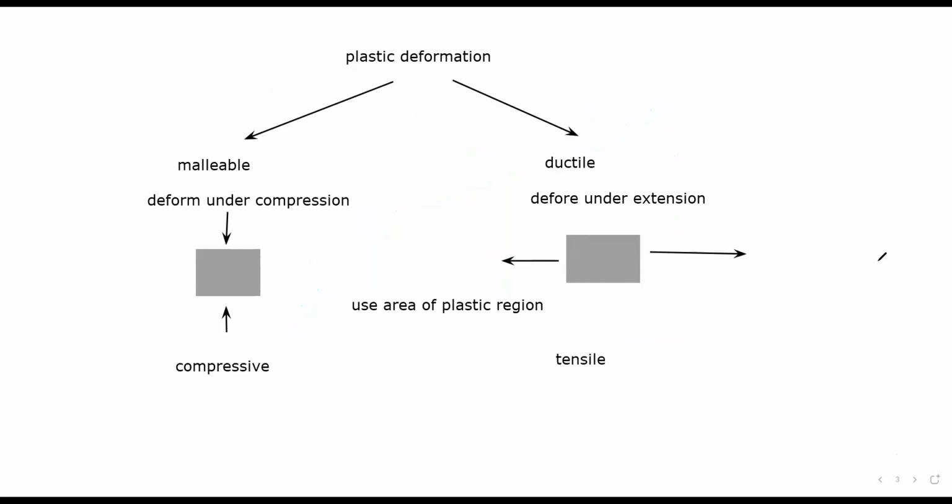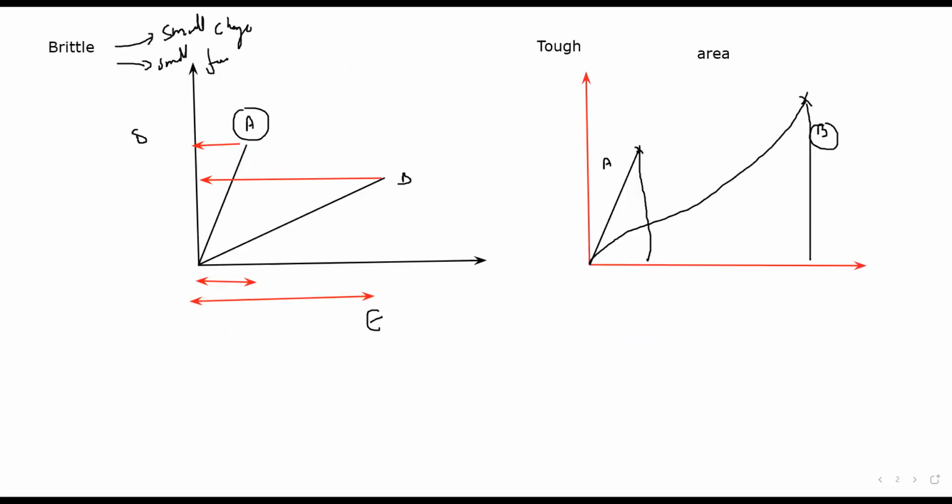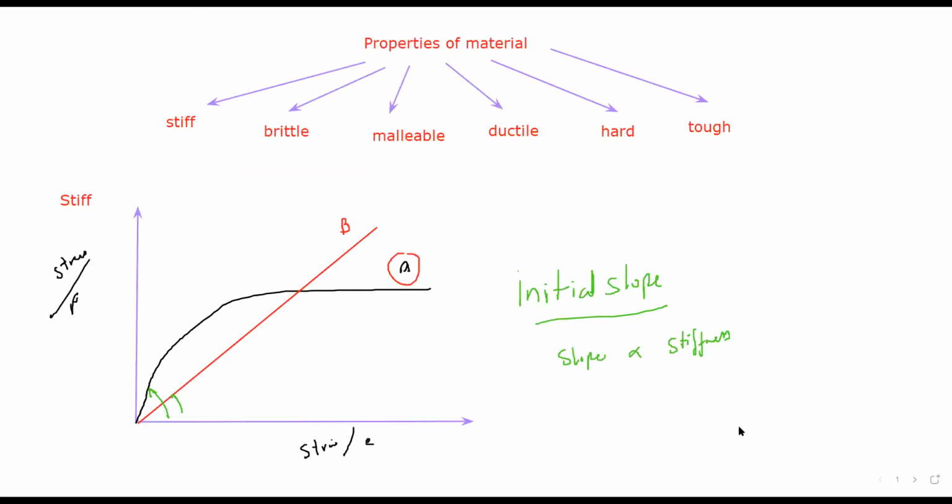So copper can deform both ways. So copper is malleable as well as ductile. Yeah, both are plastic deformation. Plastic deformation means it does not return back to the same original length, shape or size.